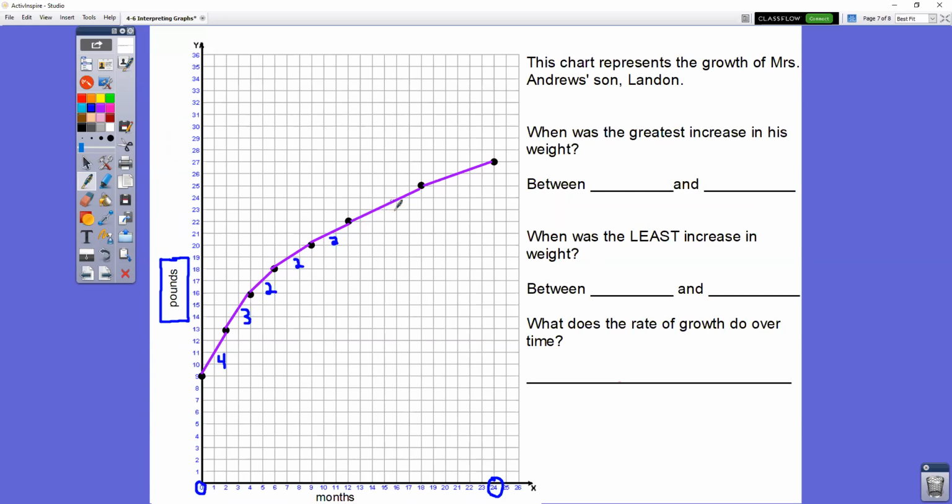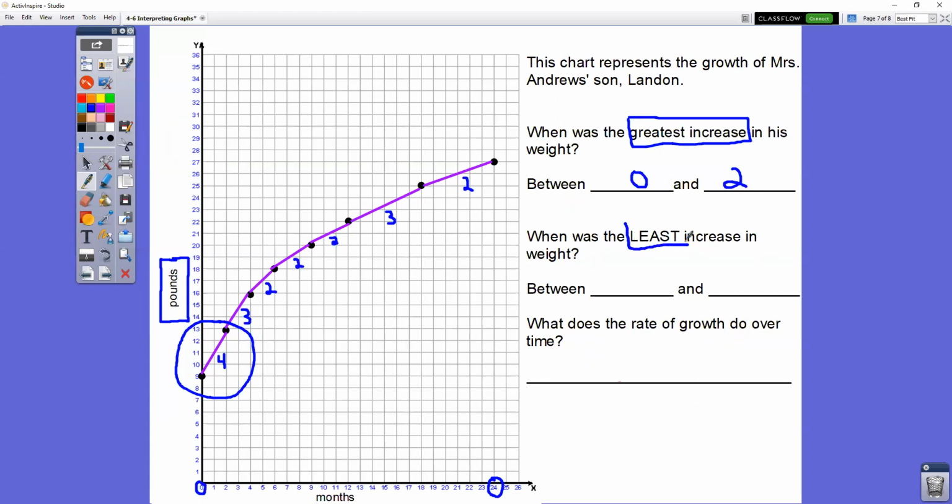This is up 1, 2, 3 pounds. And this is up 2 pounds. So we're taking a look at how much he went up. Where is the greatest increase? Well, the greatest increase would be right here because he went up 4 pounds. So in between month 0 and 2, he went up the most.